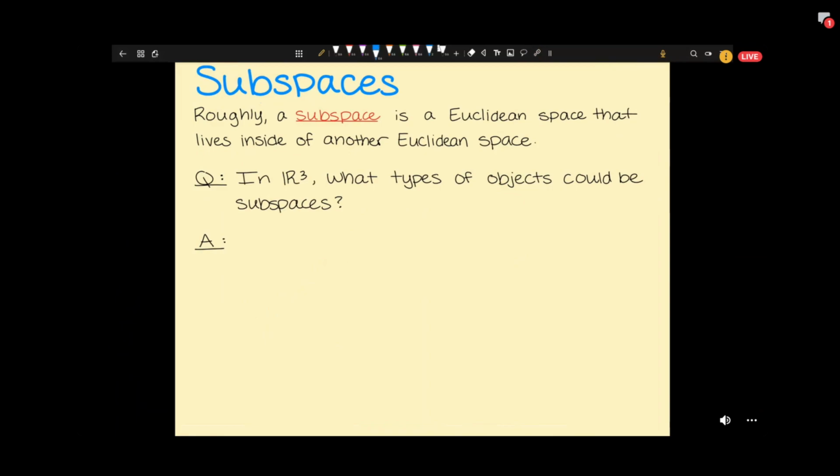If you take your cube and expand it infinitely in every direction, you just get R3. It sounds kind of curt, right? R3 is a subspace of R3, even though it's the entire space, we still call it a subspace.